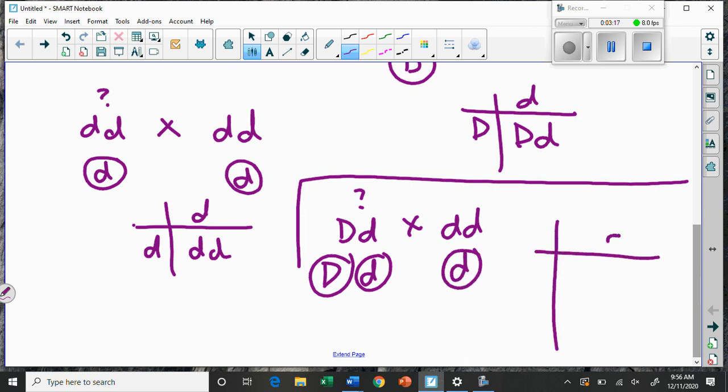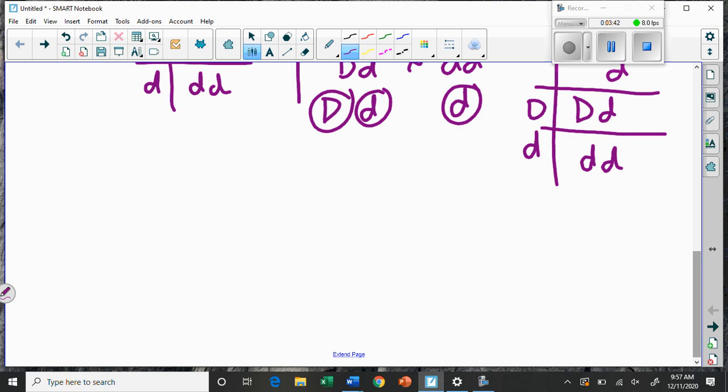We would notice that there'd be this combination and this combination. Half of the offspring would turn out light-haired, and half would turn out dark-haired. So if we did a test, we would know by the offspring what that parent was.